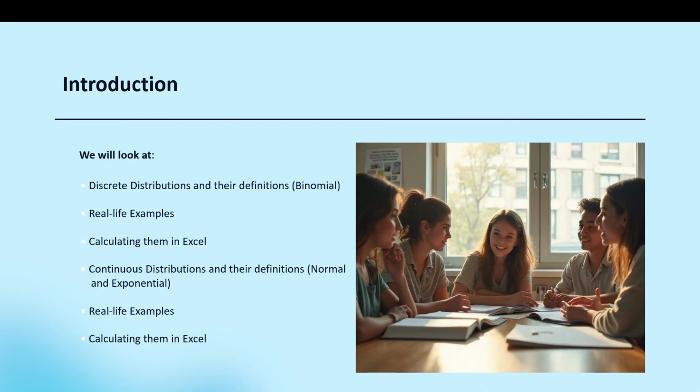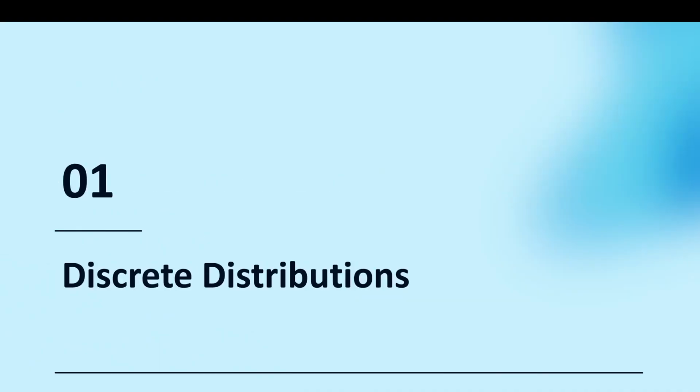Then we're going to calculate them in Excel. Then we have continuous distributions such as normal and exponential and their importance. And finally, we will conclude with key takeaways. These will help us understand how the distributions apply to engineering and everyday problems.